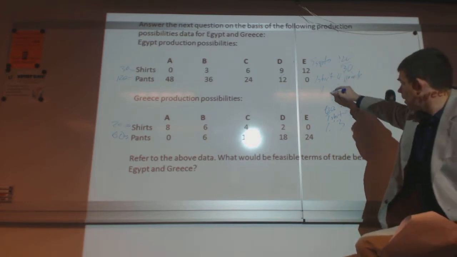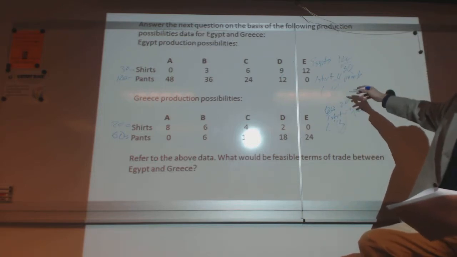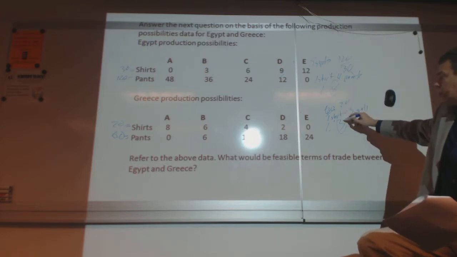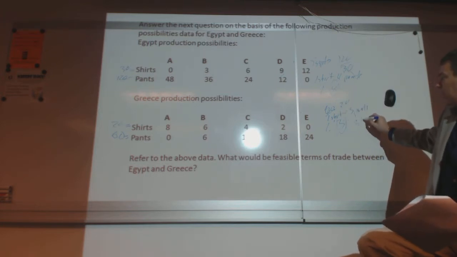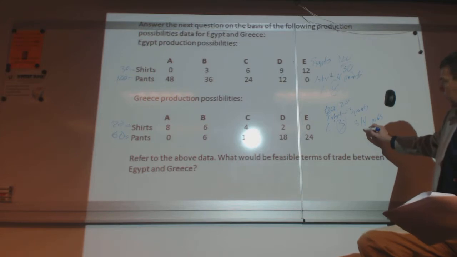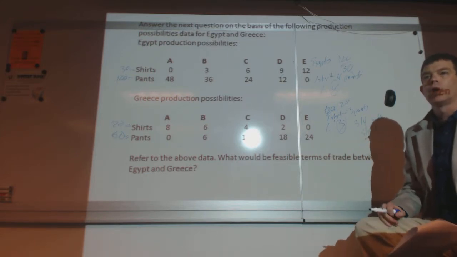Because again, these are the limits, since we make a lot more pants than we do shirts. So terms of trade between these two nations would be anywhere between 3 or 4 pants per shirt. That's how you develop terms of trade.